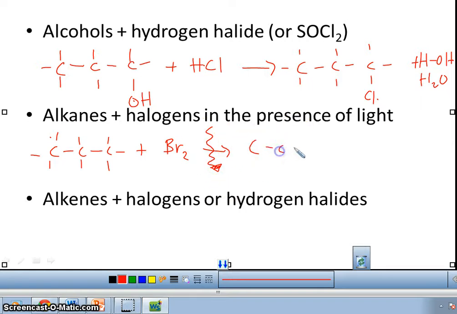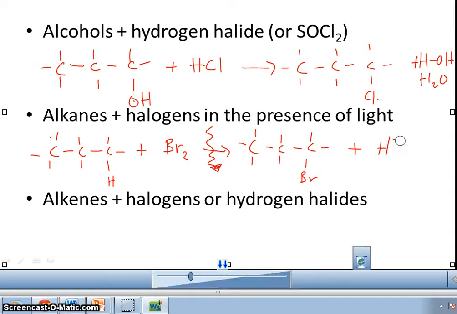And that is a simple substitution reaction again. But this time I will have bromine instead of a hydrogen, and I will make HBr. Remembering that that is quite slow and generally faster in the presence of light.